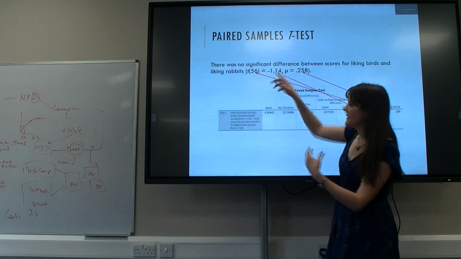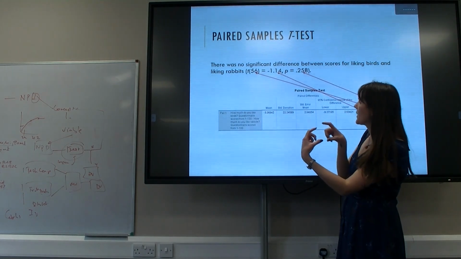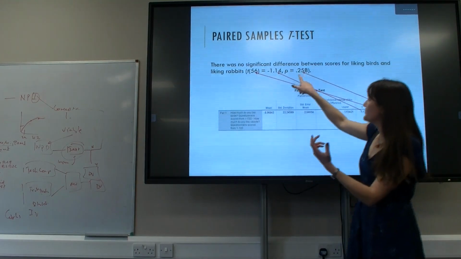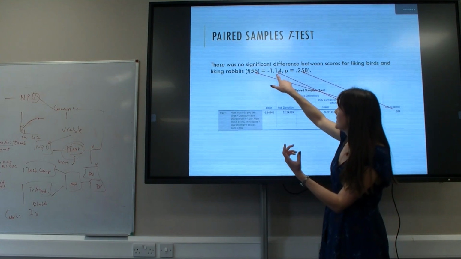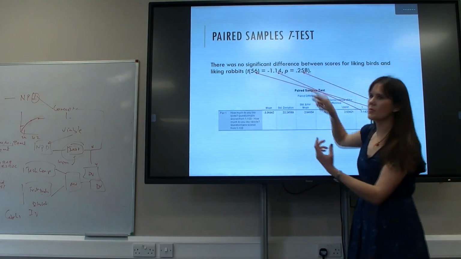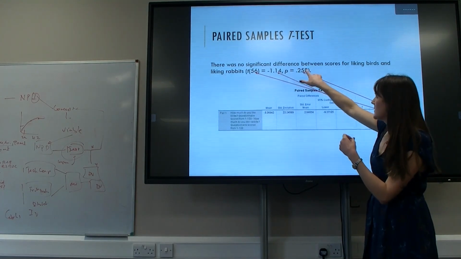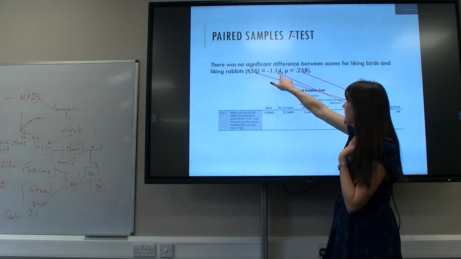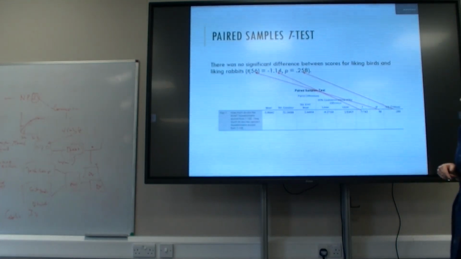There's a space each side of a mathematical sign like equals or less than. The p-values are always reported to 3 decimal places, but any other statistics like your t-value are reported to 2 decimal places.